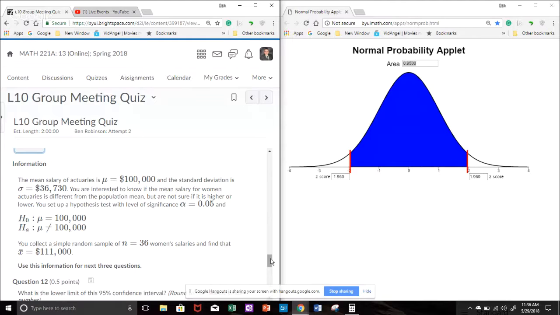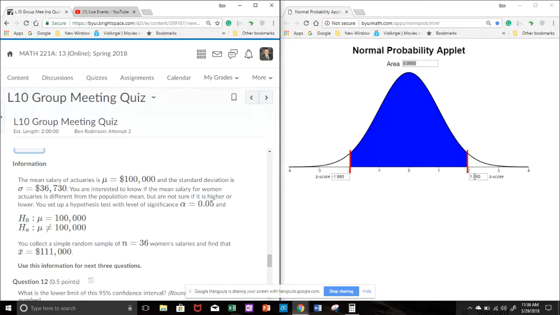So first we have to find our margin of error. For 95%, it would be 1.960.